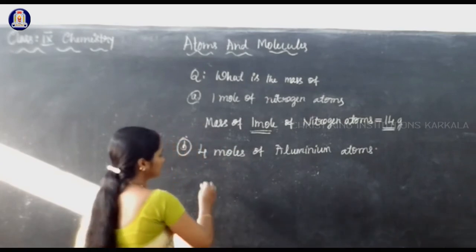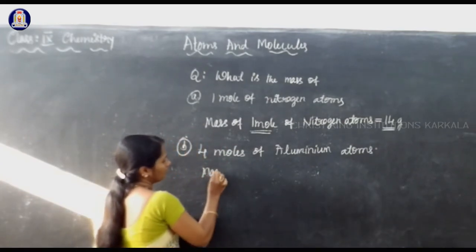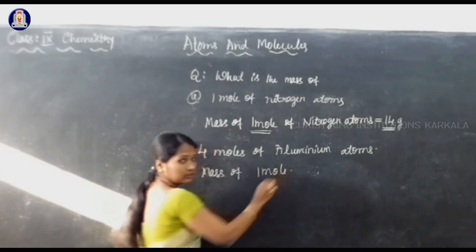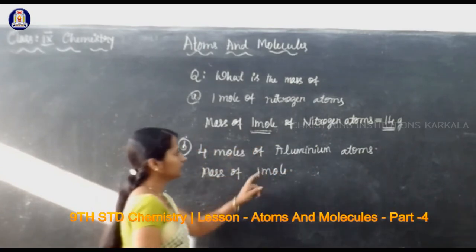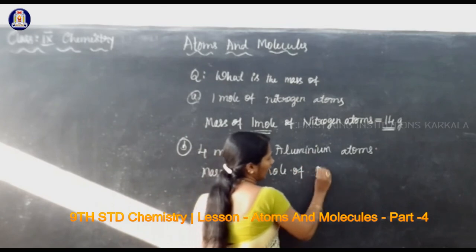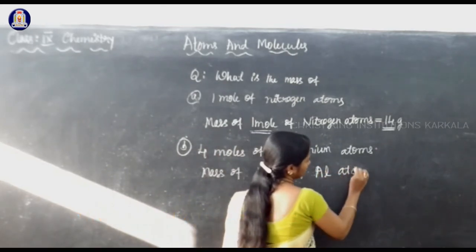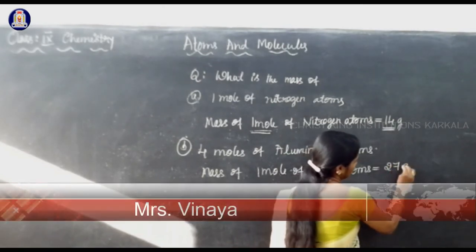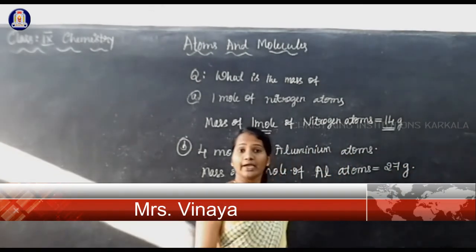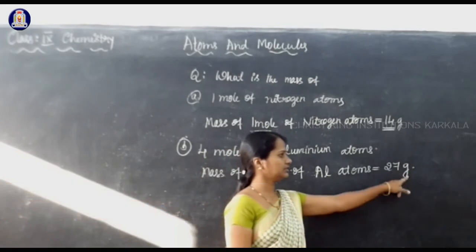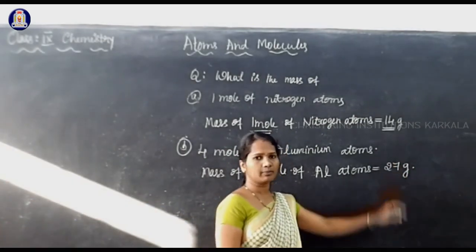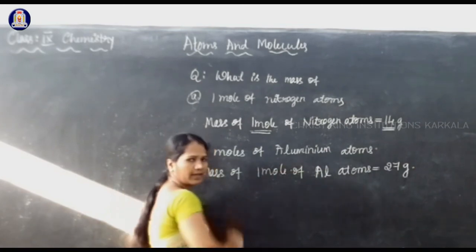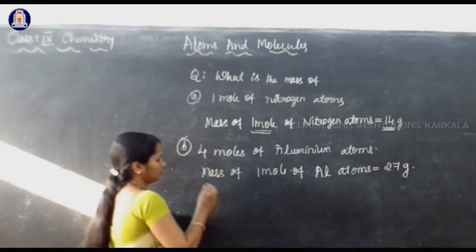So first I write the mass of 1 mole of aluminium atoms, which is equal to 27 gram. That is the atomic mass represented in grams, which is called molar mass. So the mass of 1 mole of aluminium atoms is 27 gram.